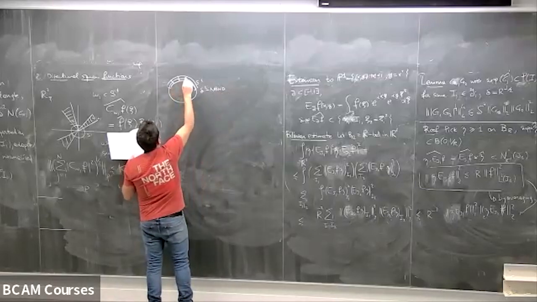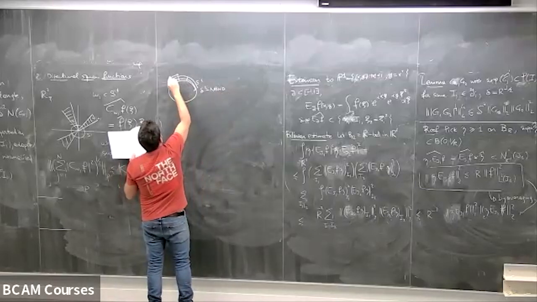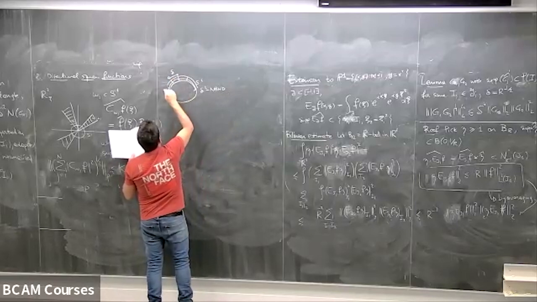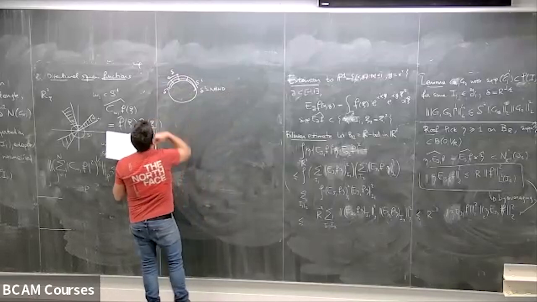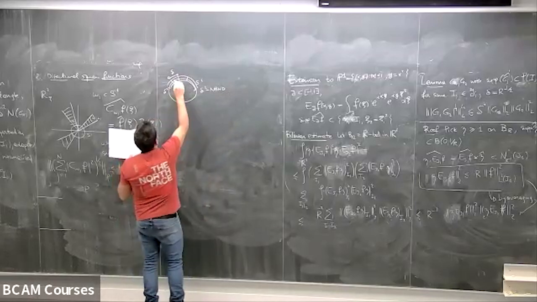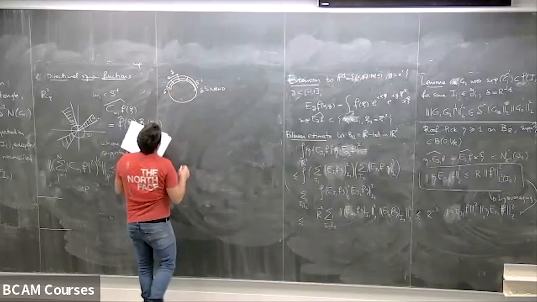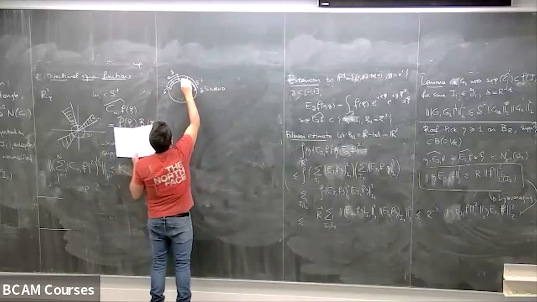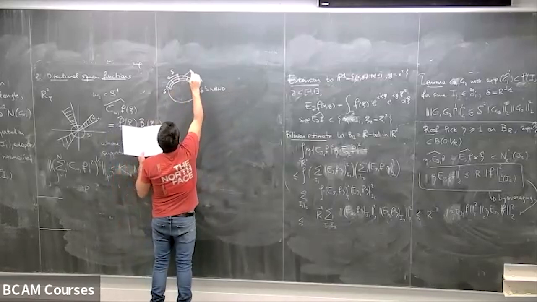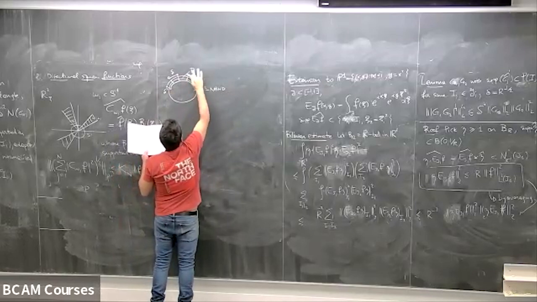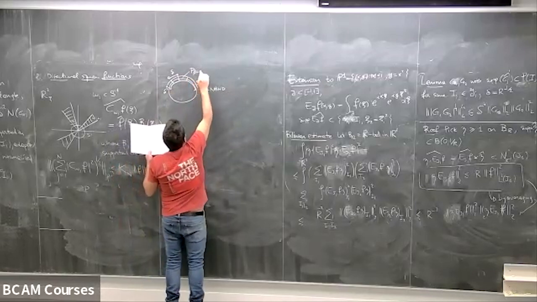We've done it for the paraboloid with almost rectangles of thickness delta squared and tangential length delta. So this is the same. I'm going to call this Pj. It's an almost rectangle.